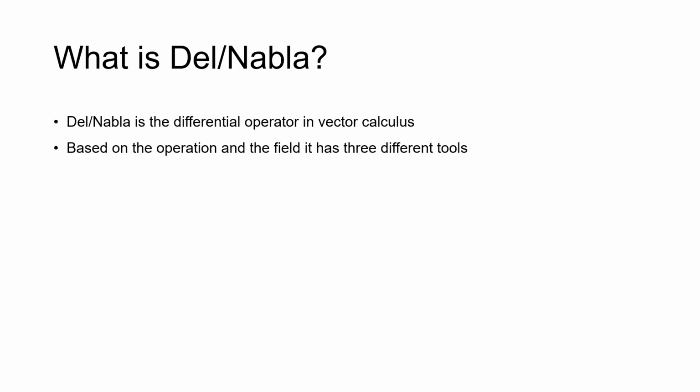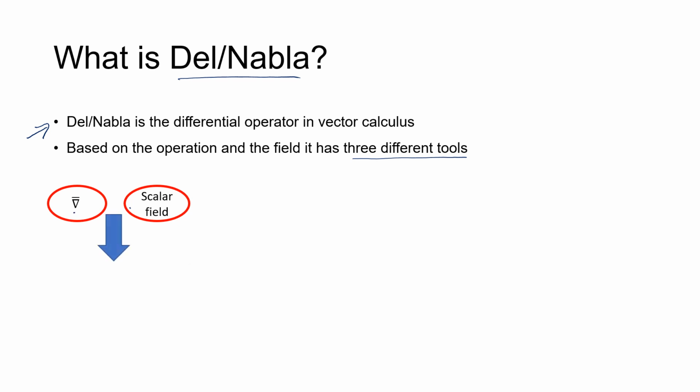Now we move to the main topic today, which is del and nabla, starting with the definition. So del or nabla is a differential operator in vector calculus, and based on the operation and also the field type, either scalar or vector field, we will have three different tools. The first tool will happen if we have a scalar field and we apply nabla to it, and this one is just what's called the gradient.